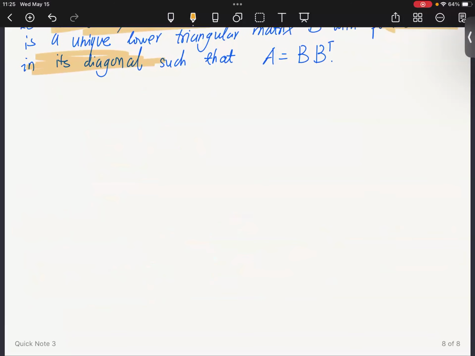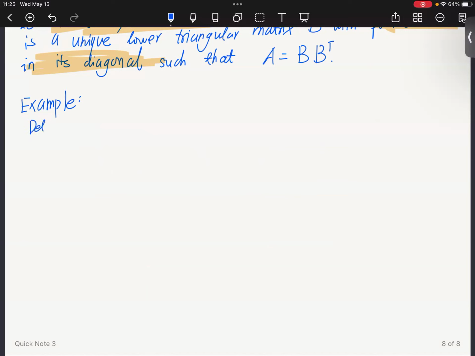Otherwise you would get sleepy, because the derivation part is quite long. And this is the example. I just say this is the lower left triangular matrix, with positive entries on the diagonal. So there's one example.